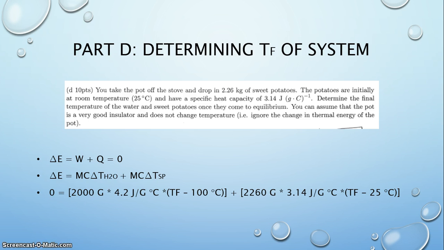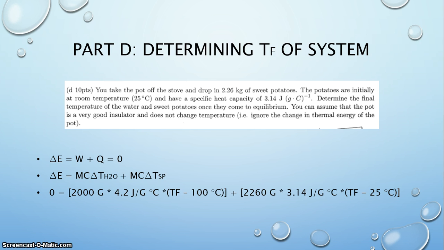So through our same fundamental principle, the energy principle, we know that the work plus the transfer of energy is equal to 0. And we know that this change in energy is equal to the specific heat of the water and the sweet potatoes once the two reach equilibrium. So we take mc delta T of the water plus the mc delta T of the sweet potatoes.